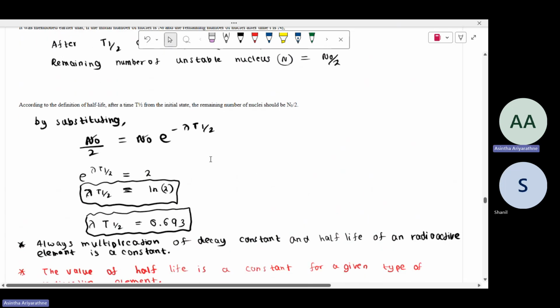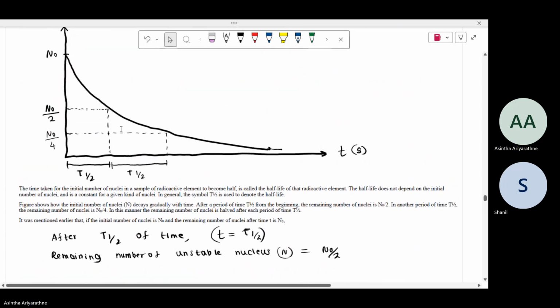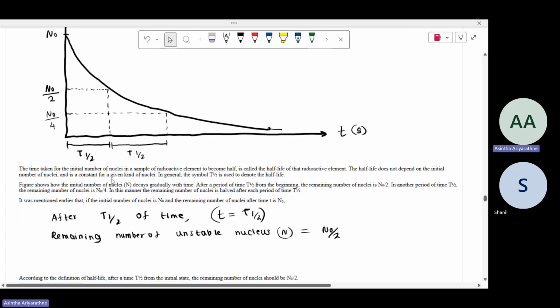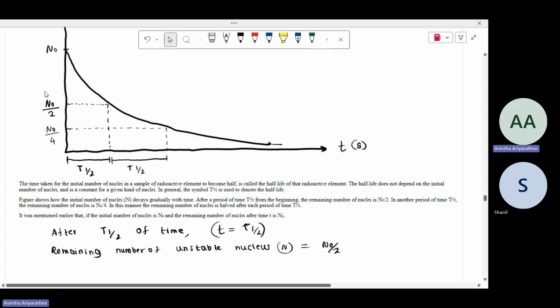And this half-life is the time period required to decrease the number of unstable atoms to its half value. So the time period required to change from n naught to n naught over 2, and from n naught over 2 to n naught over 4, are equal.